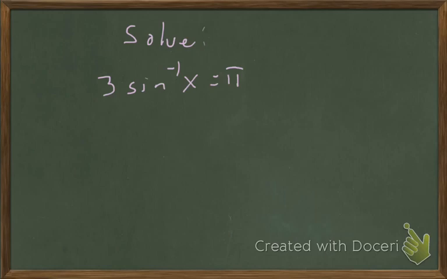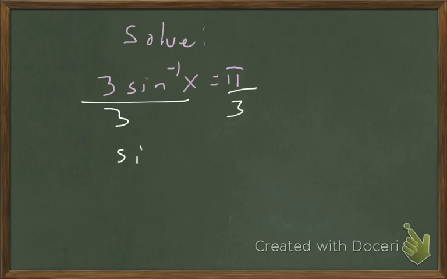Okay, guys, so I hope you've had a chance to work this out. And let's go ahead and just walk through this, okay? First things first, we want the sine inverse of x all by itself. So what we need to do is we need to divide by 3.